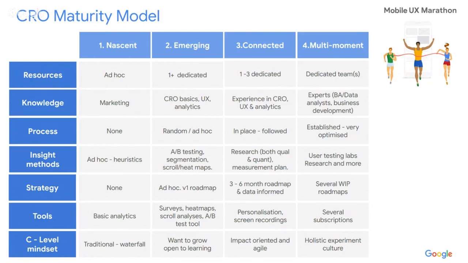If we just go through the maturity model quickly, because it is a very useful framework. For the resources, you basically map out what are the resources that you have, right? What are literally the number of people that are involved in conversion rate optimization within that business. On knowledge, where does knowledge sit on conversion rate optimization in the business? Do the resources have that required knowledge, right?